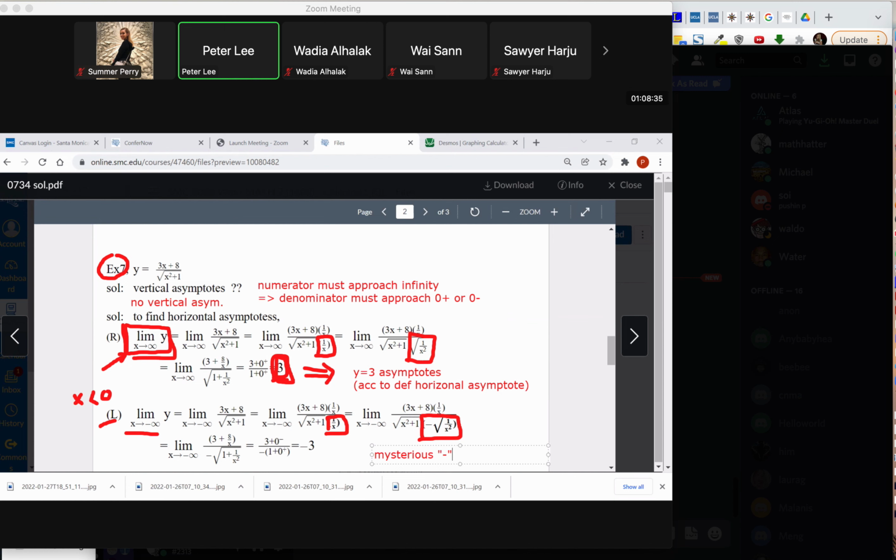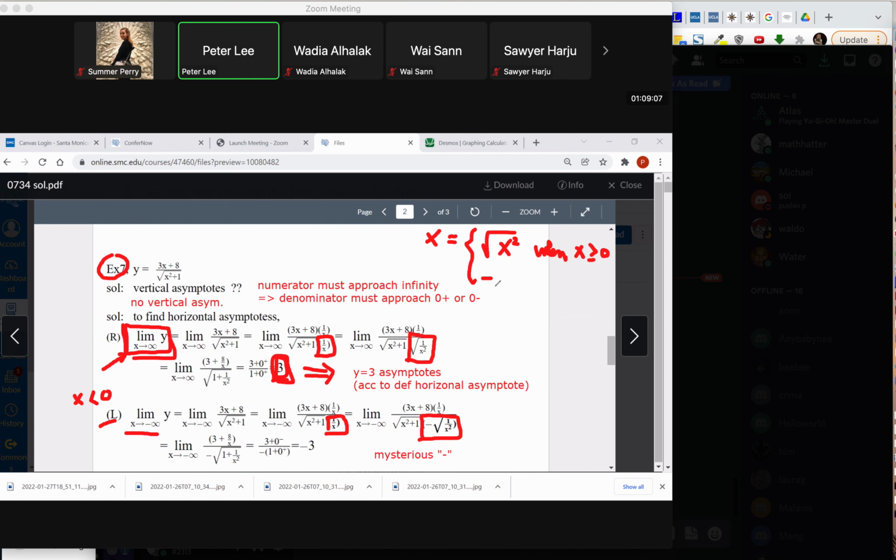So 1 over x is equal to the square root of x squared with a minus. Let me show you what I mean. x is equal to the square root of x squared when x is positive or 0.